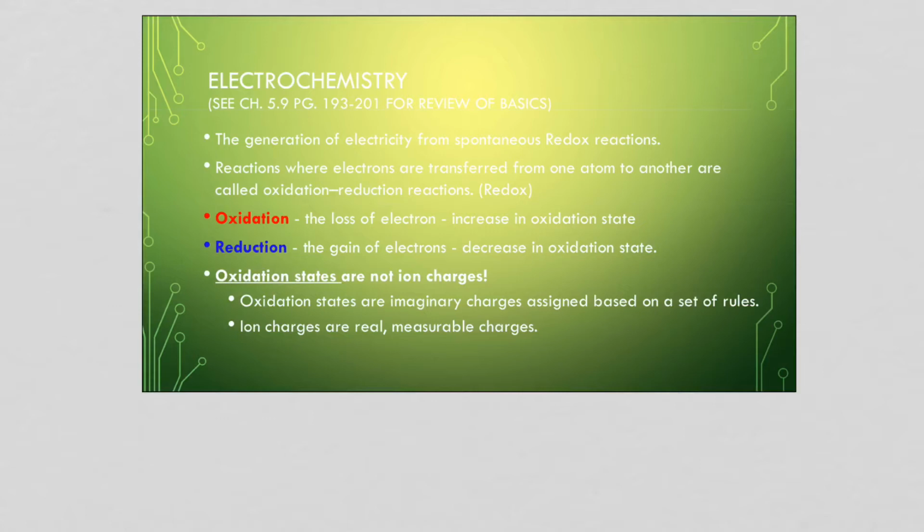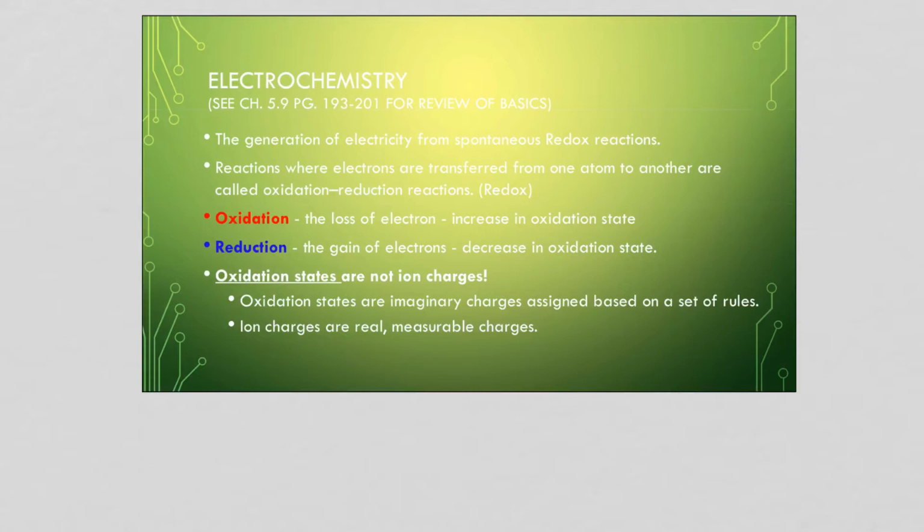Again, these are going to be spontaneous reactions. We put the right materials together and we get this spontaneous transfer of electrons. Within this reaction, there are two processes occurring, and hence where the name comes from: oxidation and reduction. Oxidation being the loss of electrons, reduction being the gain of electrons.